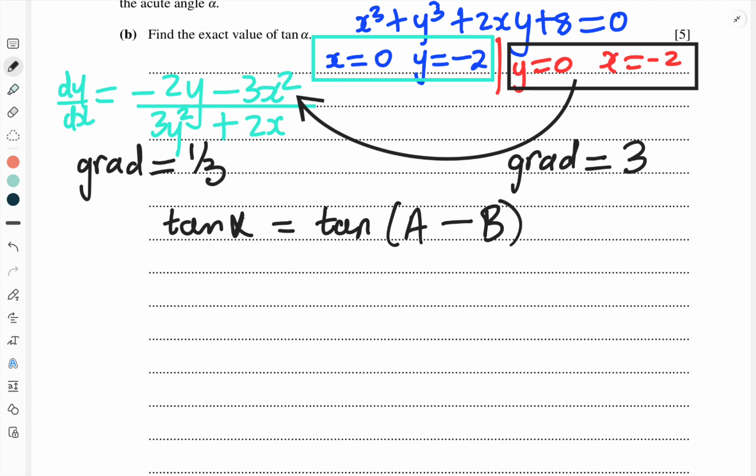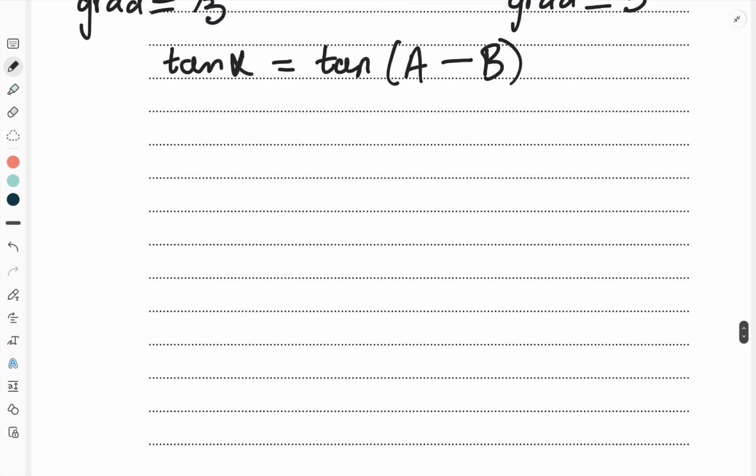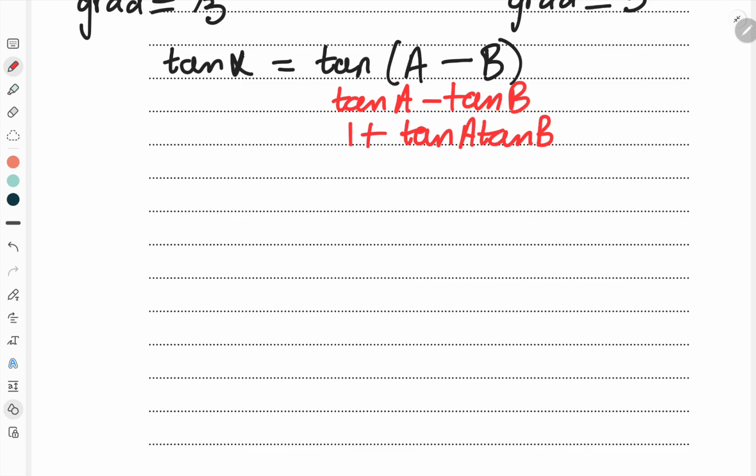According to your trig identities, tan of A minus B is tan A minus tan B all over 1 plus tan A tan B. That's the identity for this.